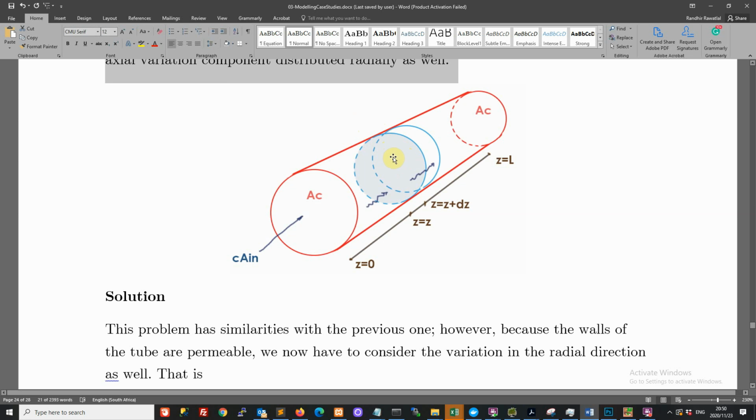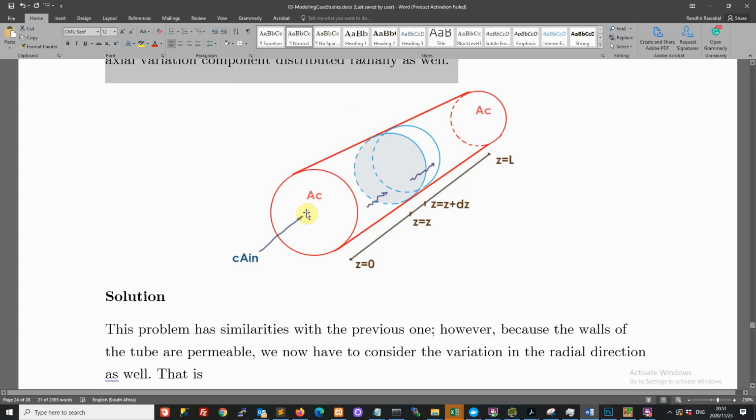Remember, we diffuse from high concentrations to low, so there'll be a net flux of component A towards the wall. And as long as that concentration difference exists, then we have to concern ourselves with a flux that's in the R direction together with a flux that's in the Z direction.